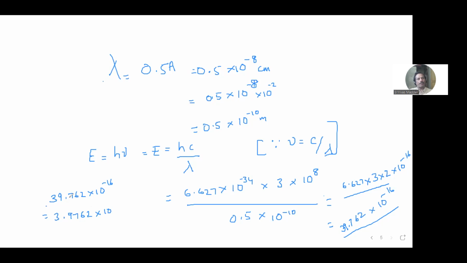You have to shift it to the left-hand side, so you have to reduce it, in the sense you should divide it. So as to compensate for that, you have to multiply with another 10. 39.762 divided by 10 will become 3.9762. So when you are writing 3.9762, you have to multiply it with 10.